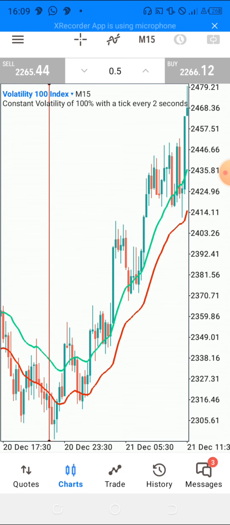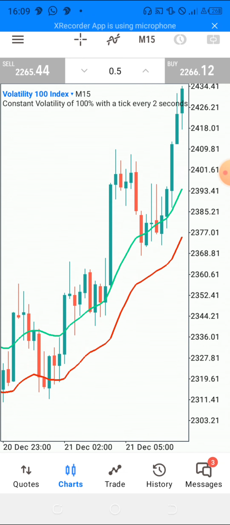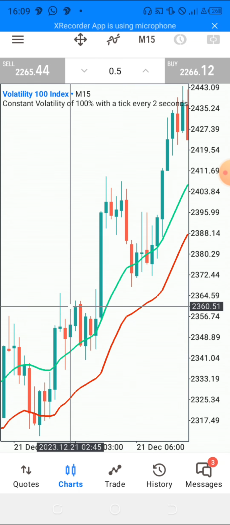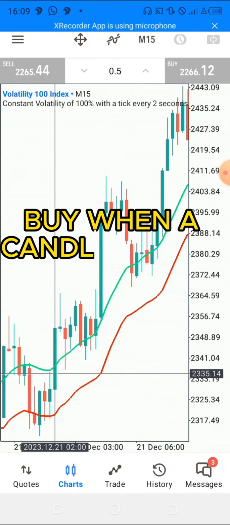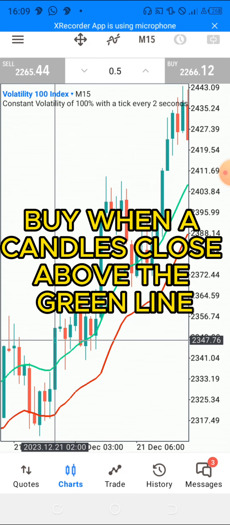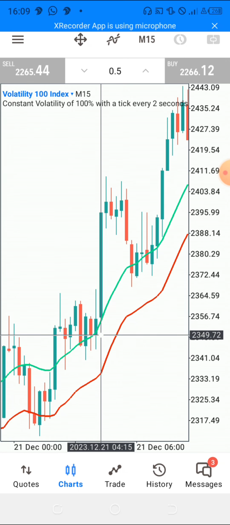How then do you buy using this strategy? What you're going to be waiting for is this. You want to wait for price to first of all close above this green line. Price moves upwards like what happened here, and then closes above this green line. You're going to place your stop loss below the previous swing low or just below this red line. If price closes below the red line, you exit the position, because this red line will represent your stop loss.